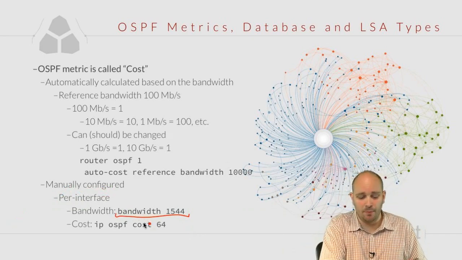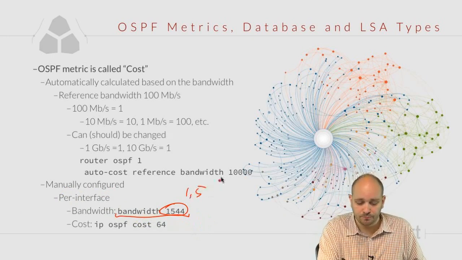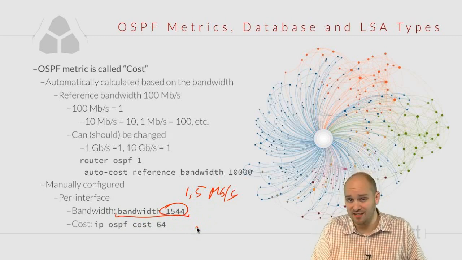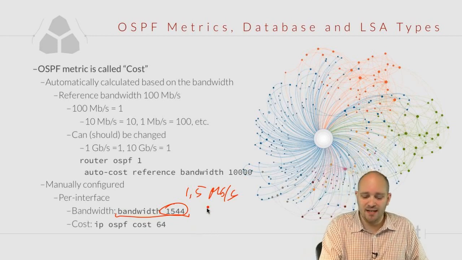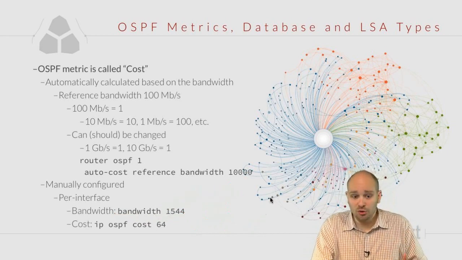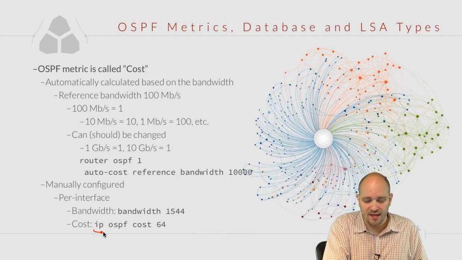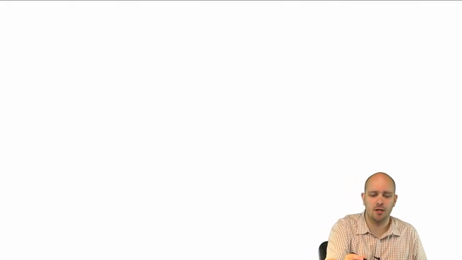For example, setting bandwidth to 1544 is going to set this to 1.5 megabits per second, which is the default bandwidth perceived by, for example, serial interfaces in IOS. This would result in a calculated cost of 64. But we can also directly set the OSPF cost, again on the interface, using the command ip ospf cost 64.